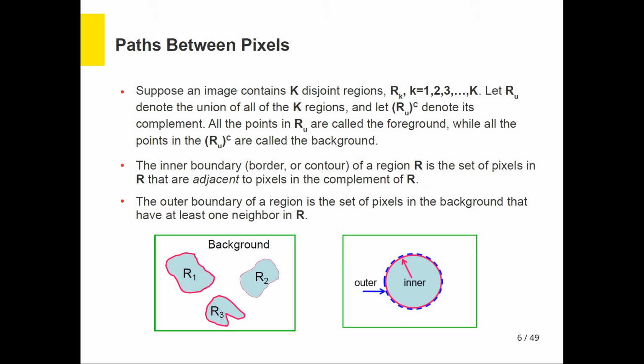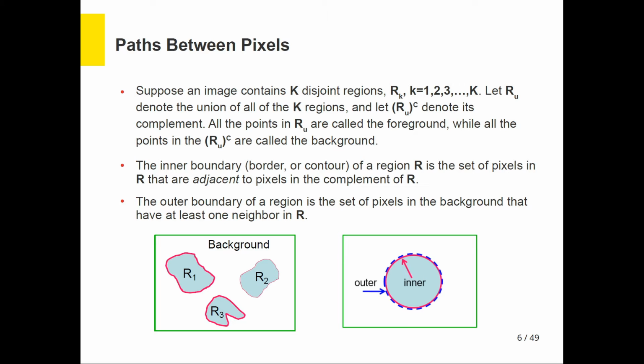So all the points or pixels inside the union, we can call it as foreground, while all the points in the complement of the union can be called as background. So between the foreground and background, now we can define the concept of boundary. But we can define two different boundaries, inner boundary or outer boundary.